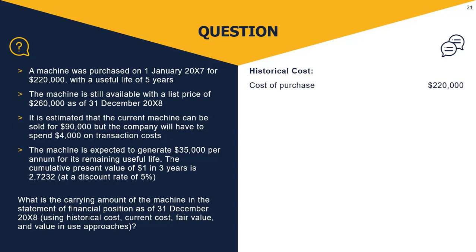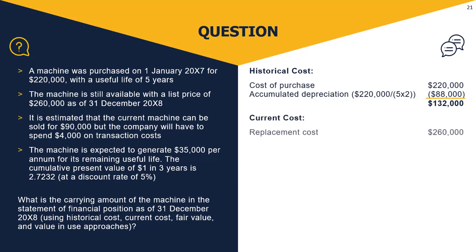Historic cost should be nice and straightforward. Cost of purchase was $220,000. Depreciation will just be $220,000 over 5, but it's 2 years worth of depreciation that will have been charged, isn't it? So $88,000 worth of depreciation, meaning the historic cost carrying value would be $132,000. Current cost. Well, we'd need to use the replacement cost for that, 260,000.